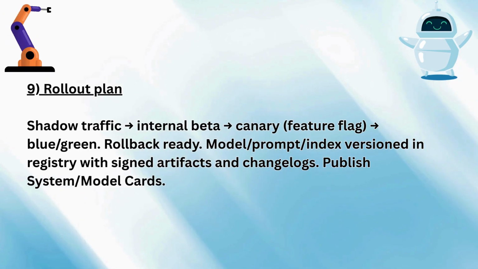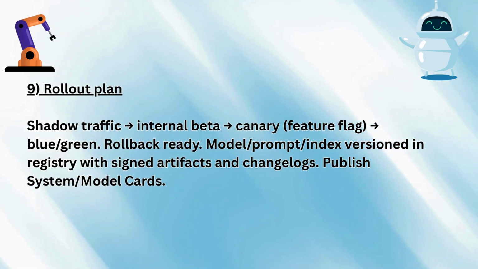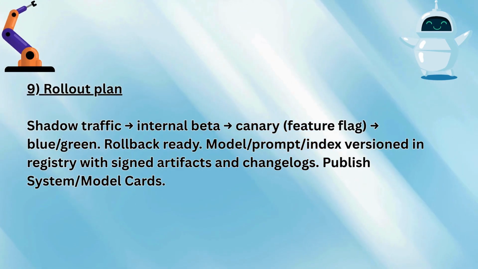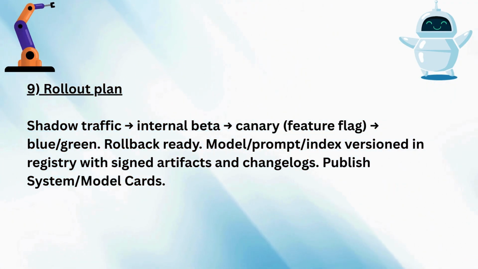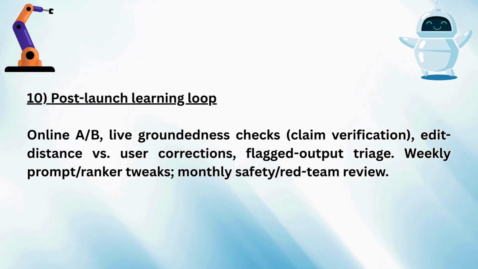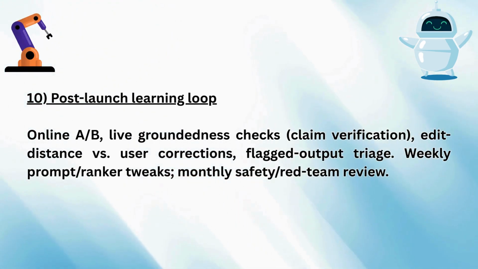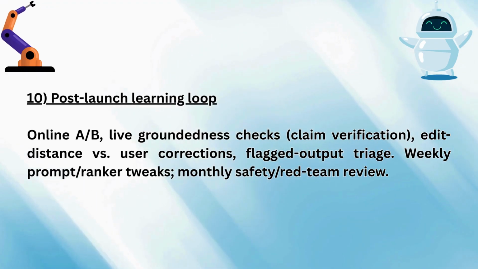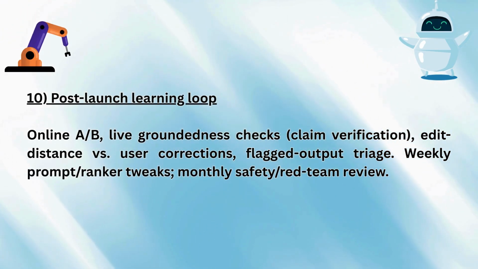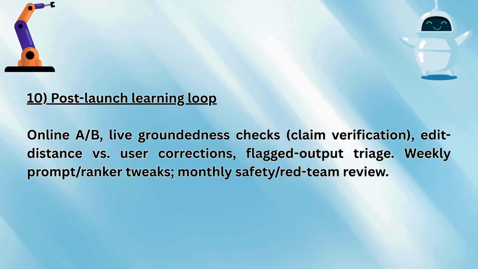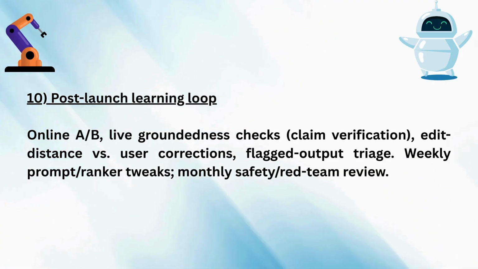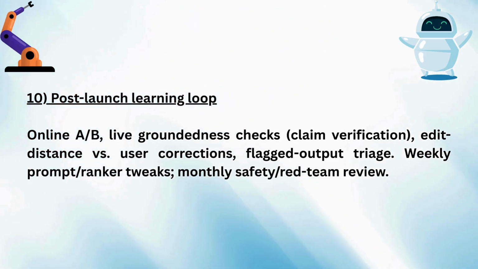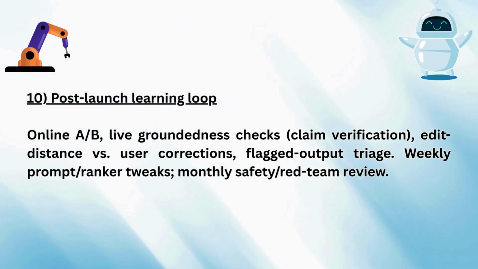Rollback ready. Model, prompt, and index versioned in registry with signed artifacts and changelogs. Publish system and model cards. 10th, post-launch learning loop: online A/B, live groundedness checks, claim verification, edit distance versus user corrections, flagged output triage, weekly prompt and ranker tweaks, monthly safety and red team review.